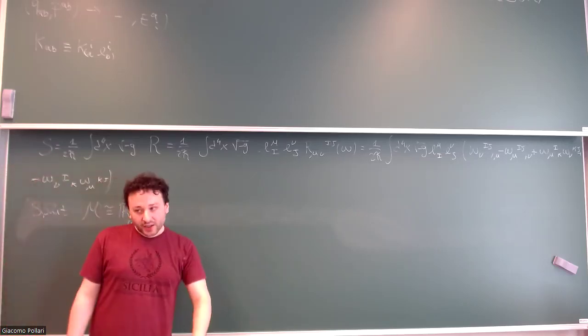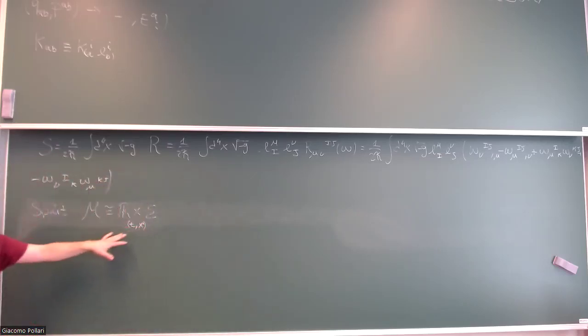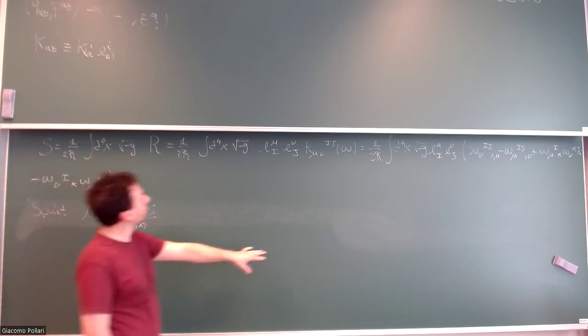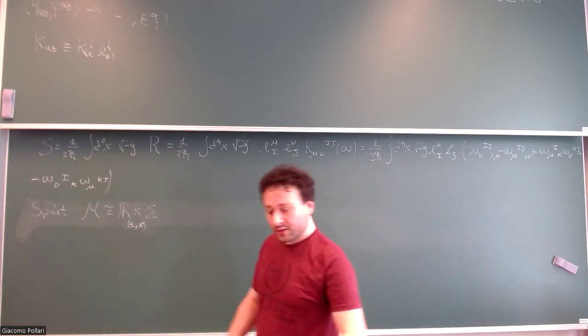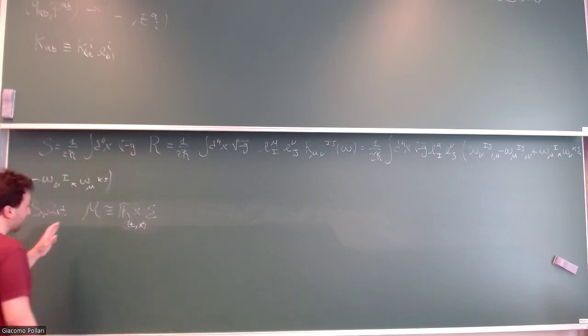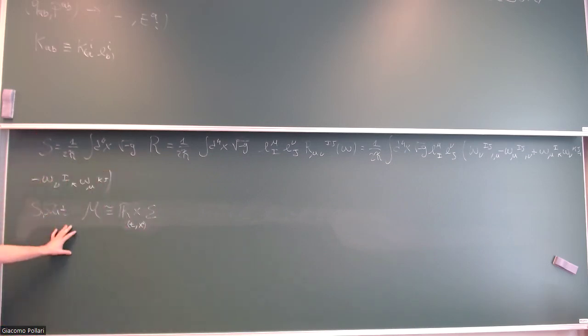Then we pull back on the space-like slice so that we can reduce the metric here into the q, so the space only. Then after that, we can write all the terms here.